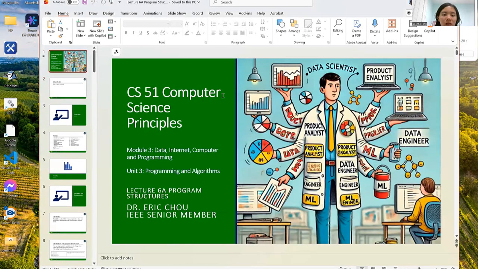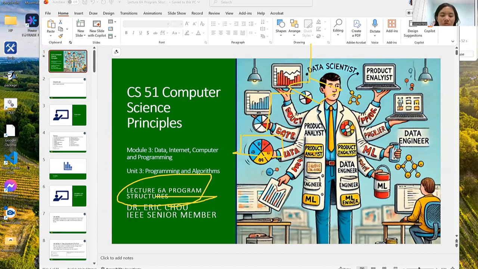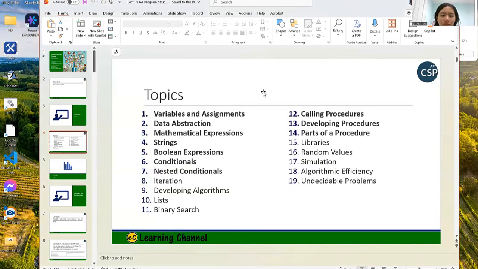Okay, so 6A is on program structure, where your program will go to different locations. Okay, that's the program structure. So here we talk about variables, data abstraction, mathematical expressions, strings, Boolean expressions, conditionals, and nested conditionals. So these are ifs. Okay. And we also talk about calling a subroutine.